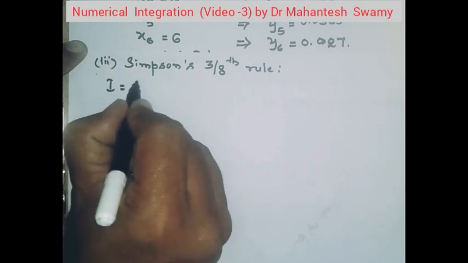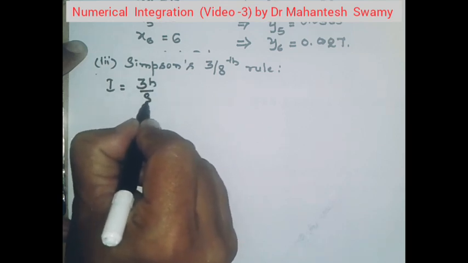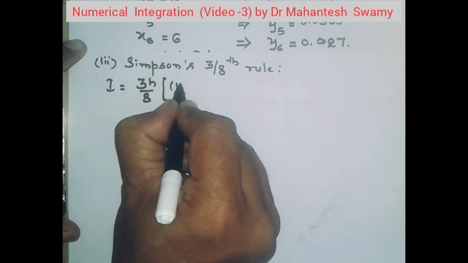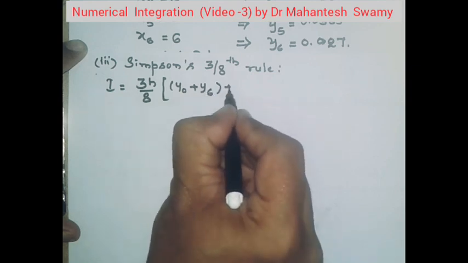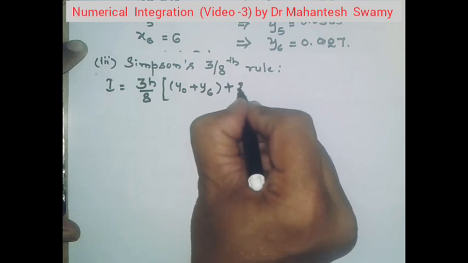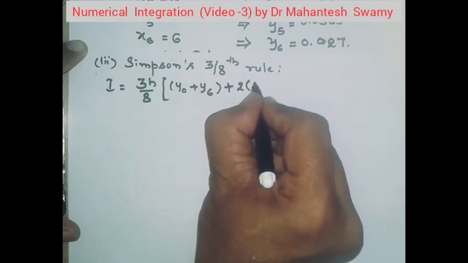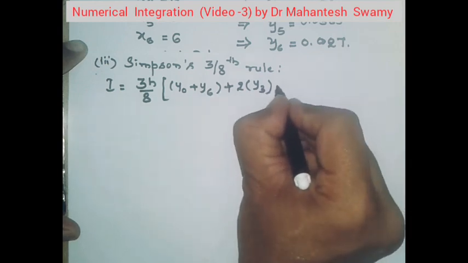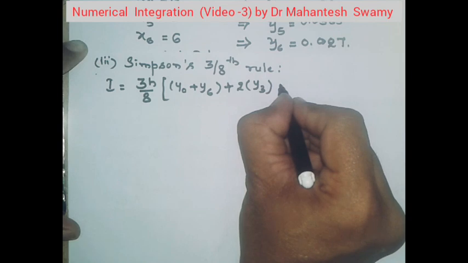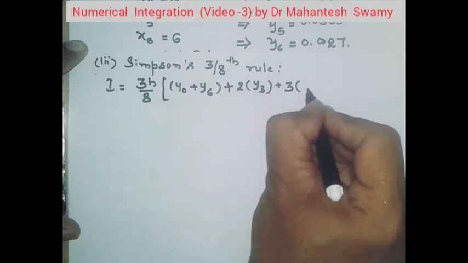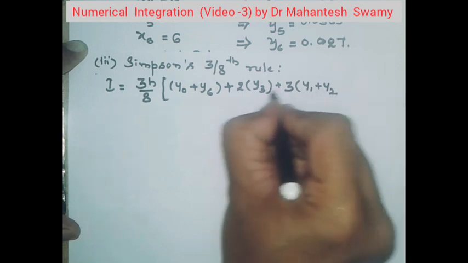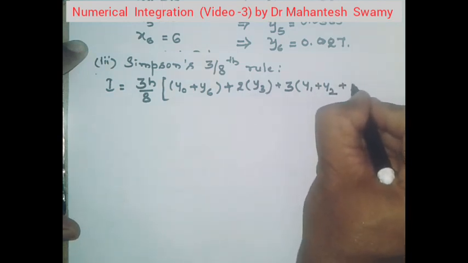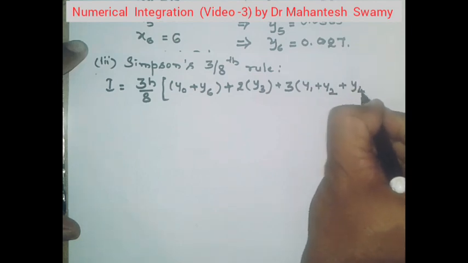Integral I equals 3/8, means 3h by 8, into the bracket the first value y0 plus the last value y6 plus 2 times the y values with subscript a multiple of 3, that is y3. y6 is already here, therefore only one term comes over here, plus 3 times the remaining values. y0 has been taken, so it is y1 plus y2, y3 has come over here, therefore let us jump to y4, and lastly it is y5.